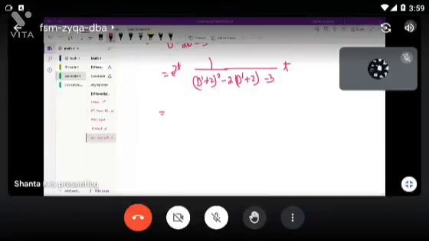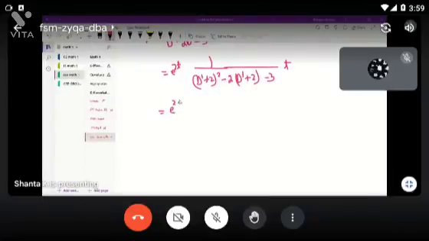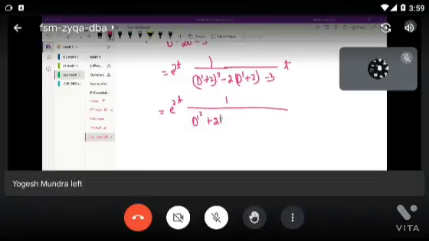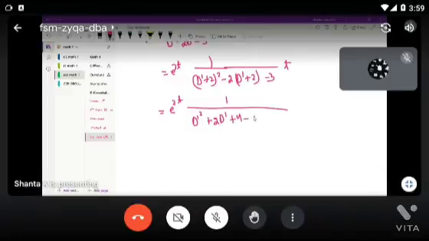So if you simplify here, plus 2D' plus 4 minus 2D' minus 4, so this gets cancelled out. We have minus 3 left.